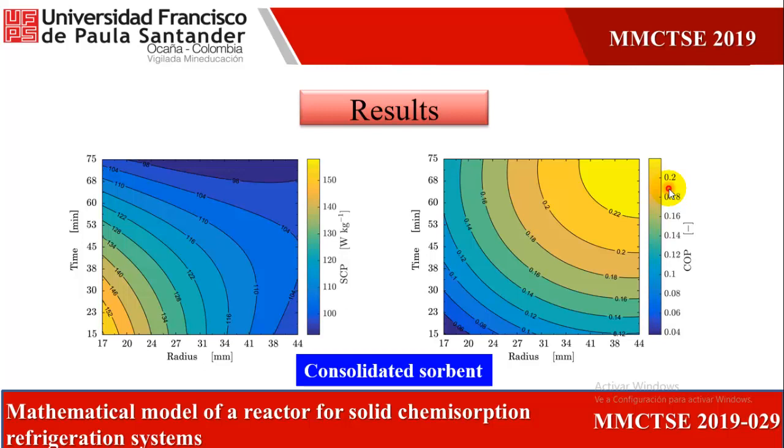This is due to the fact that the conversion rate is not linear, and therefore this is reflected in the decrease of the specific cooling power. However, the coefficient of performance is positively influenced by the time. That is to say, as we observe here, for the specific cooling power, the greater the time, the lower the SCP, as we observe here. Lower time shows a higher specific cooling power.